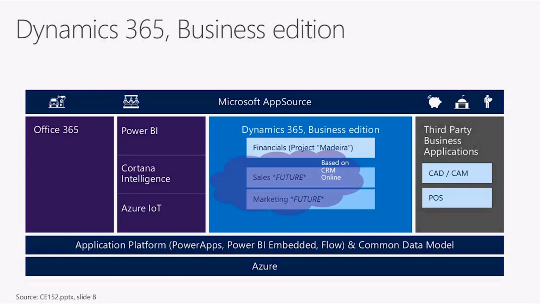And the biggest difference with the CRM Online or sales and marketing feature from the Enterprise Edition is that these products will be less customizable, but the code base is in the end the same. And of course, like Dynamics NAV 2017, it has a native integration with products like Flow, Power BI, and PowerApps. And if you want to prepare for Dynamics 365, I do encourage you to also look at PowerApps and Power BI and Flow.